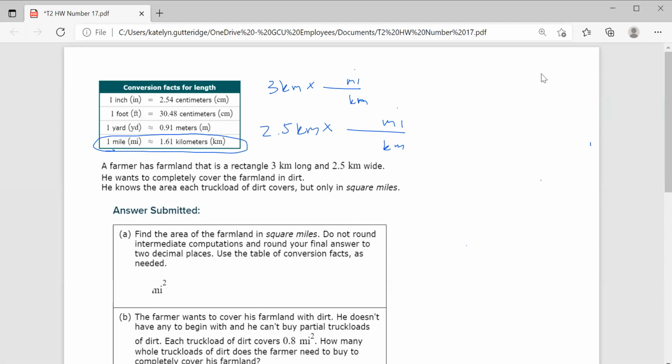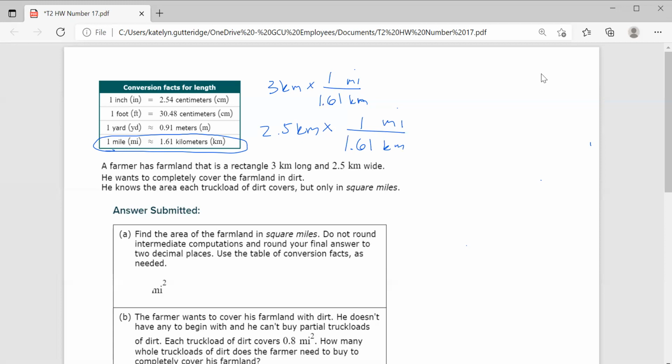Once we get all the units lined up, pair your numbers with the units: 1 mile is equal to 1.61 kilometers. Typically, at this step, you'd take 3 times 1 divided by 1.61, and 2.5 times 1 divided by 1.61, and get your answers.